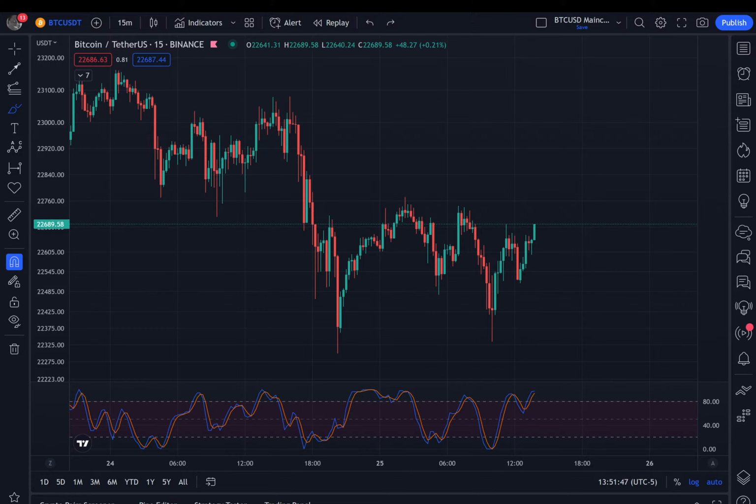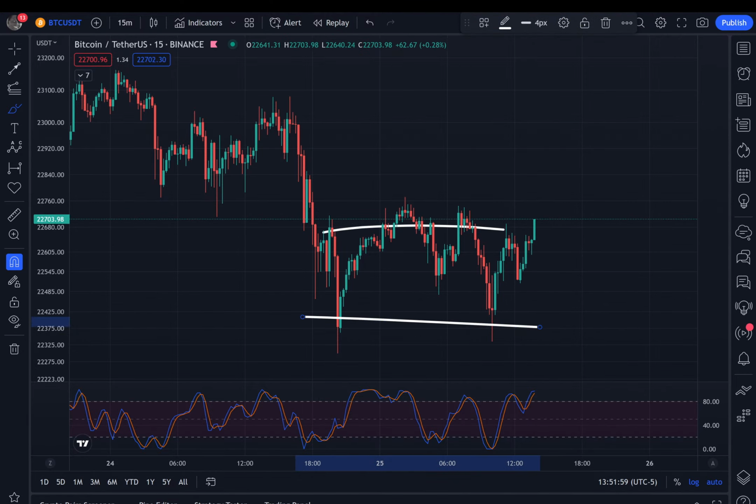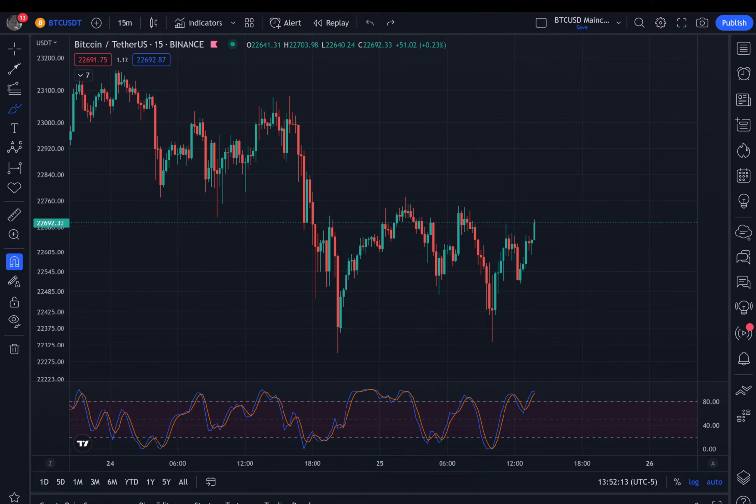In Wyckoff analysis, this is probably the main or most important aspect, and it's called accumulation and distribution channels. So if you study Wyckoff, you see the same thing. AB basing in Elliott wave theory is the same thing as accumulation and distribution channels in Wyckoff.